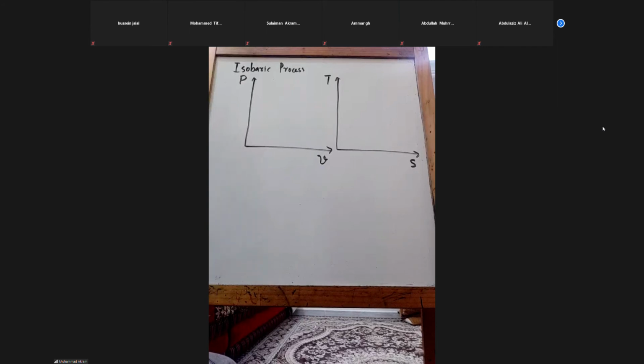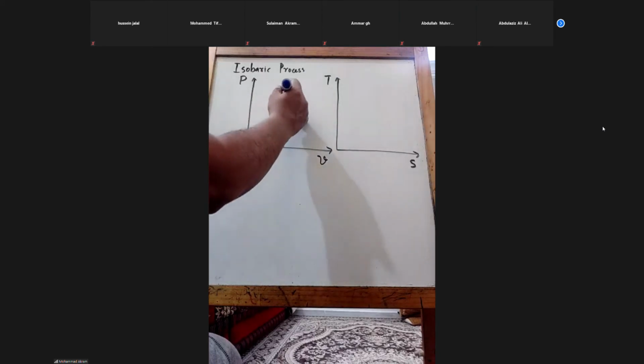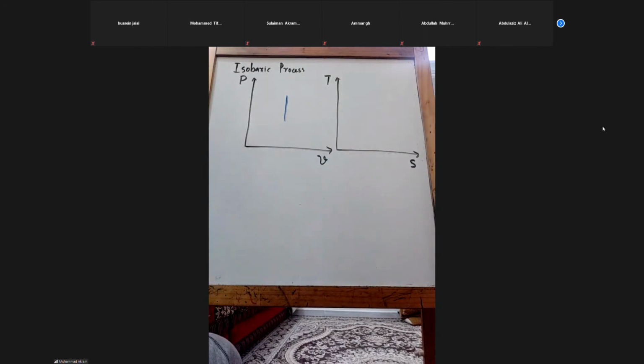Isobaric process means how should this look on the PV diagram? Pressure should be constant. How should the line be, vertical or horizontal? Vertical means pressure is changing, right?